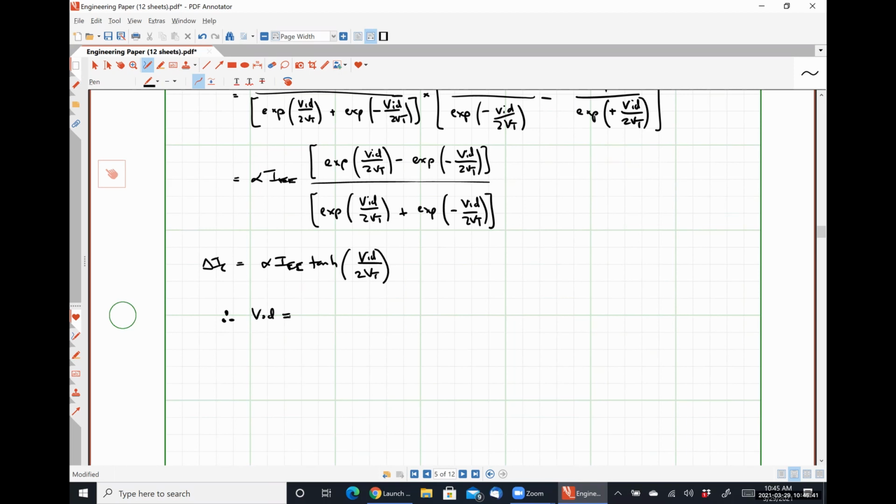VOD, our output differential voltage, is negative RC times delta IC, which gives us negative alpha RC IEE times the hyperbolic tangent of VID over twice VT.